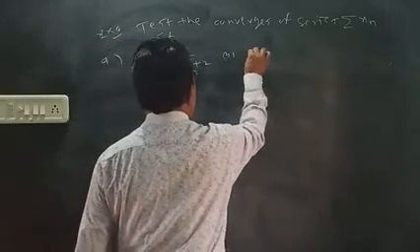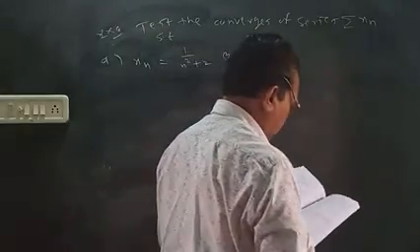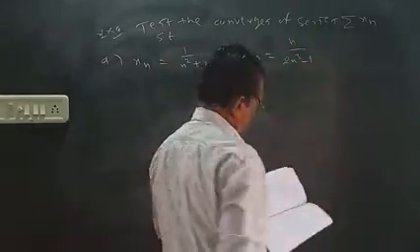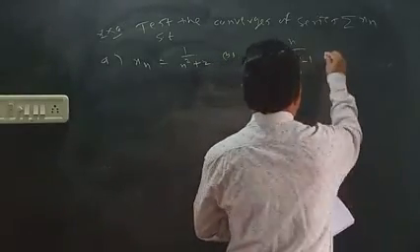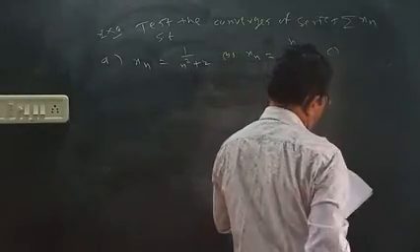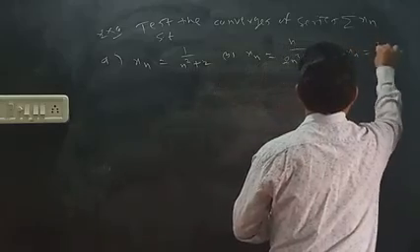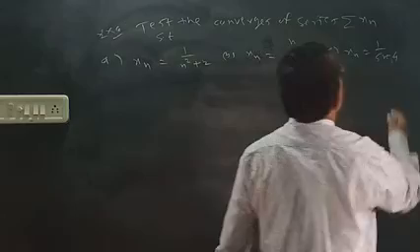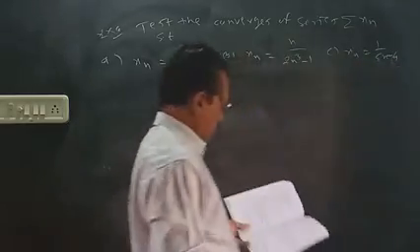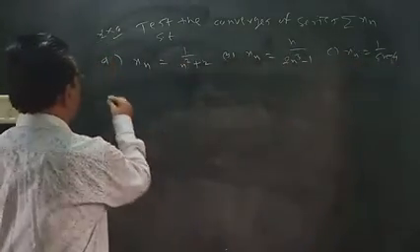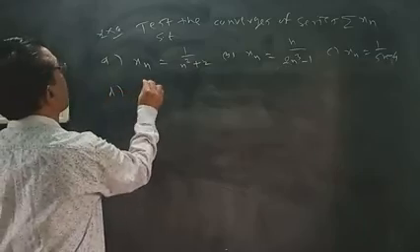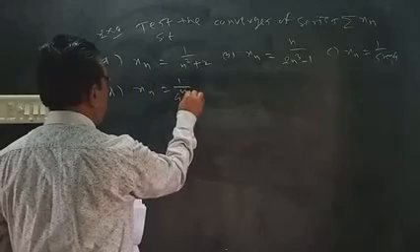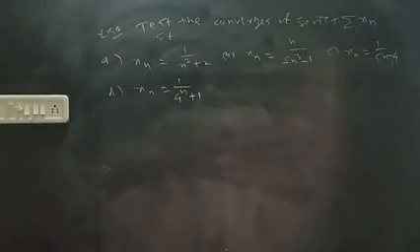B, xn will be n upon 2n cube minus 1. C, xn will be 1 upon 5n minus 4. And D, xn will be 1 upon 4 raised to power n plus 1. So 4 problems.